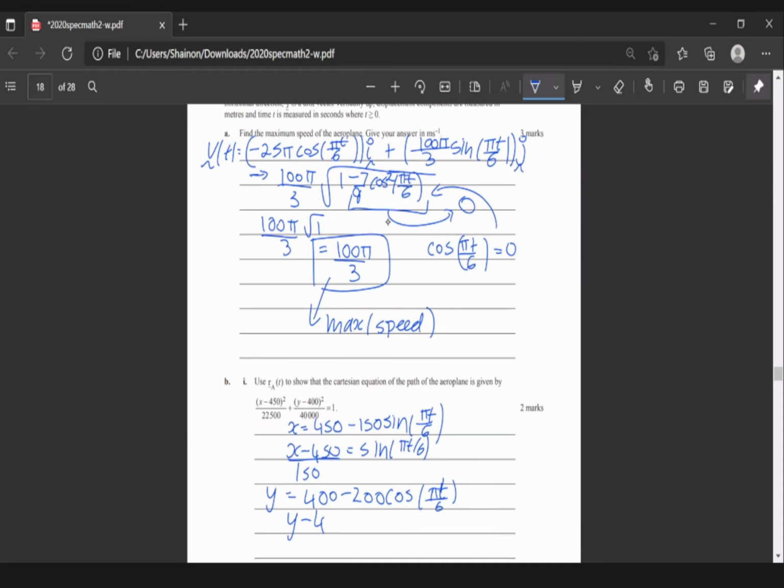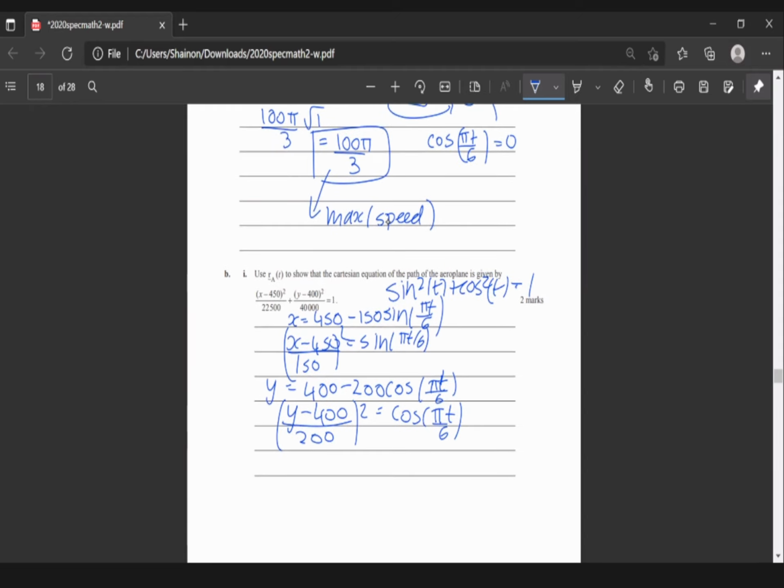So y minus 400 over 200, and square this whole thing, equals cos pi t over 6. And using the Pythagorean identity, sine squared plus cos squared equals 1, you should get x minus 450 squared over 150 squared, which is 22500, plus y minus 400 squared over 200 squared, 40000, equals 1.